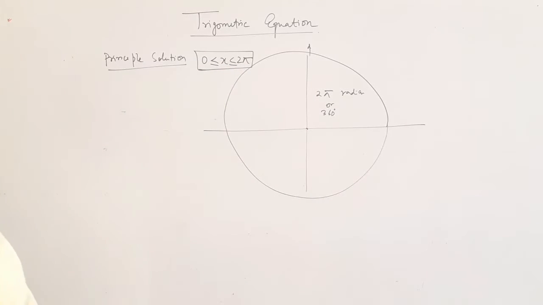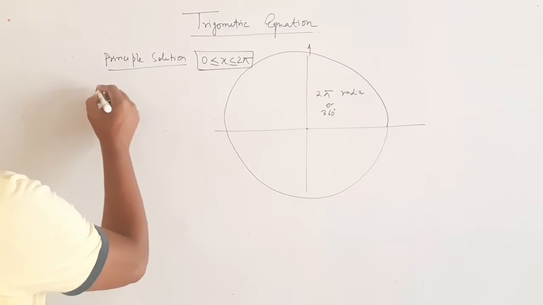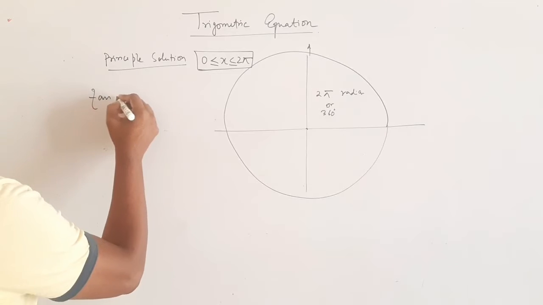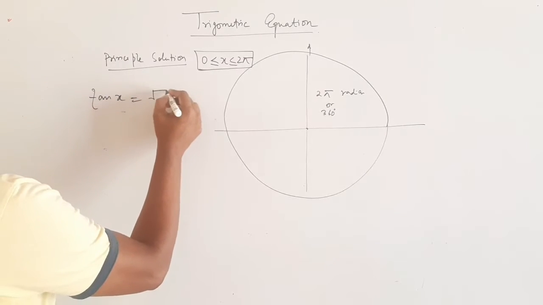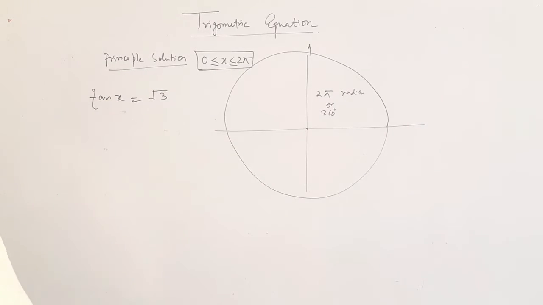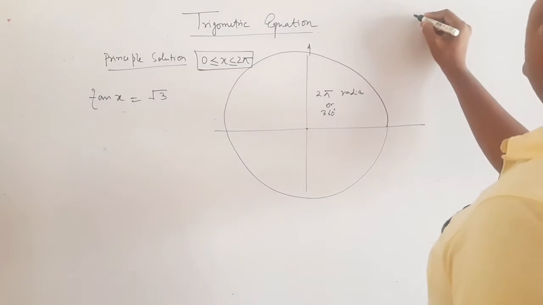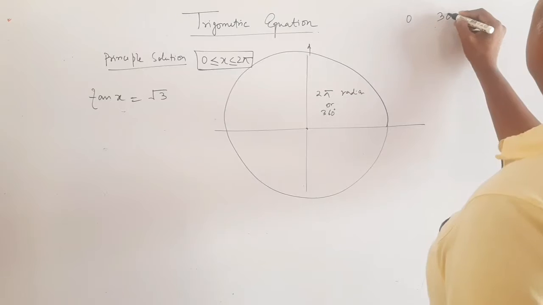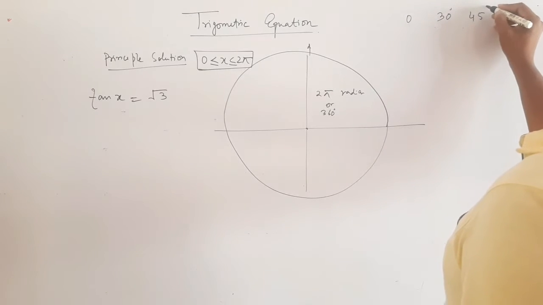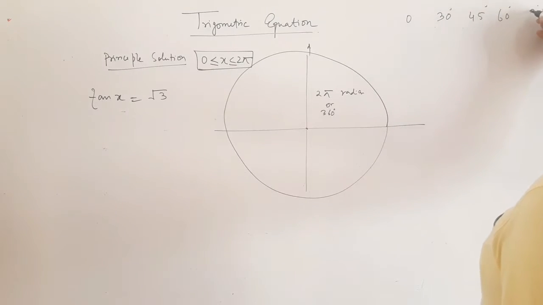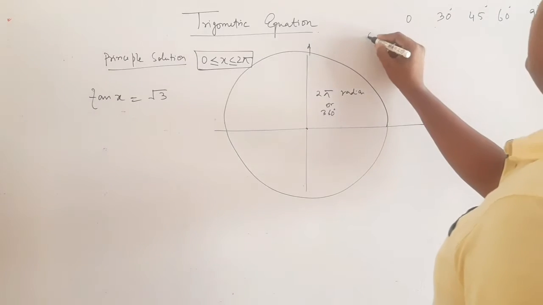First question I'm going to solve. Now the question is tan x equal to root 3. If you remember the table, fine, or if you don't, then I will just do it fast. Angles 0 degrees, 30, 45, 60, 90.